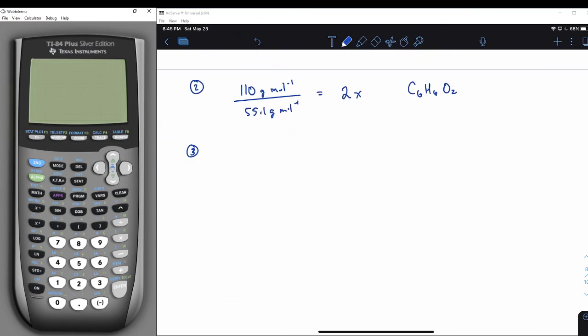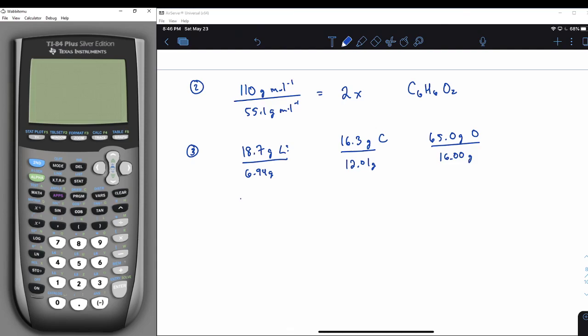3, this is another kind of continuation of empirical formula, another practice one, where you have 18.7 grams of lithium. I'm going to convert percentages right to grams right away so we don't have to rewrite them again. 16.3 grams of carbon and 65.0 grams of oxygen. We divide by each molar mass, which is 6.94, 12.01, and 16.00 grams.